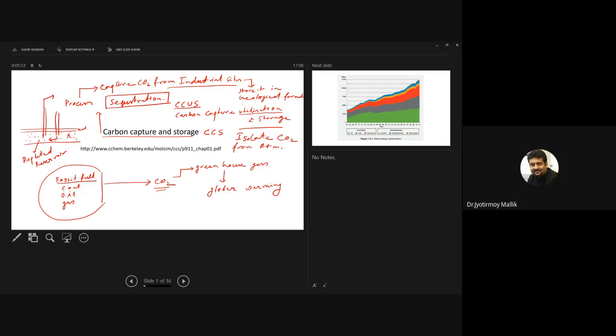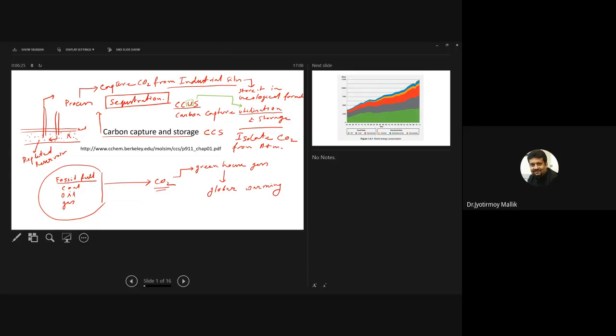Okay. Now, of course, there is something called CCUS, and in CCUS, you can see that there is an extra U added to my connotation, and this U stands for, of course, utilization, as we said. So, what does that mean? For example, what we are doing here, we are taking the carbon dioxide, we are storing the carbon dioxide, but we are not essentially using the carbon dioxide for any of our benefit, right?